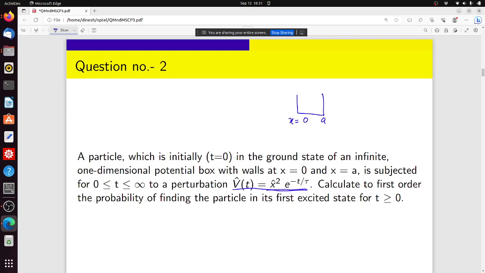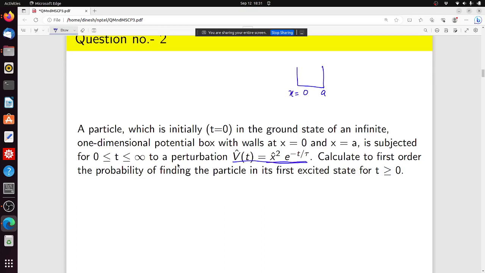Then calculate to first order the probability of finding the particle in the final state n for t greater than 0.